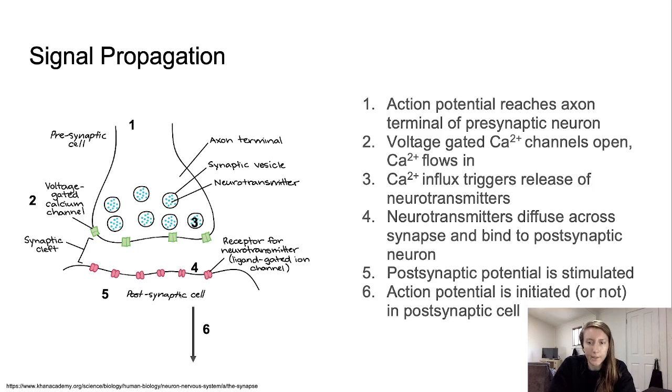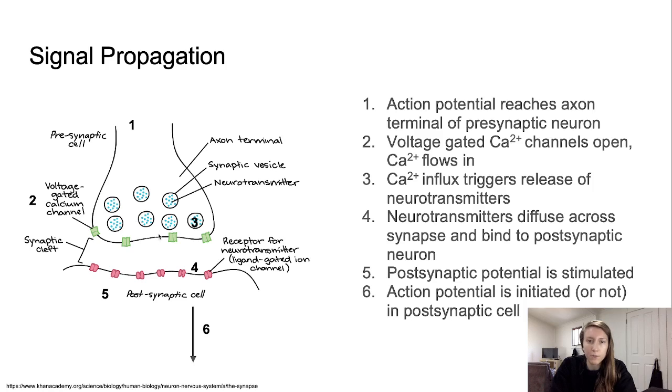So what happens here is that the action potential will reach the axon terminal of the presynaptic neuron. When this happens, we'll get the opening of these voltage-gated calcium channels. And if these channels open, calcium is going to flow into the cell. Now, it's the calcium influx that actually triggers the release of the neurotransmitters.